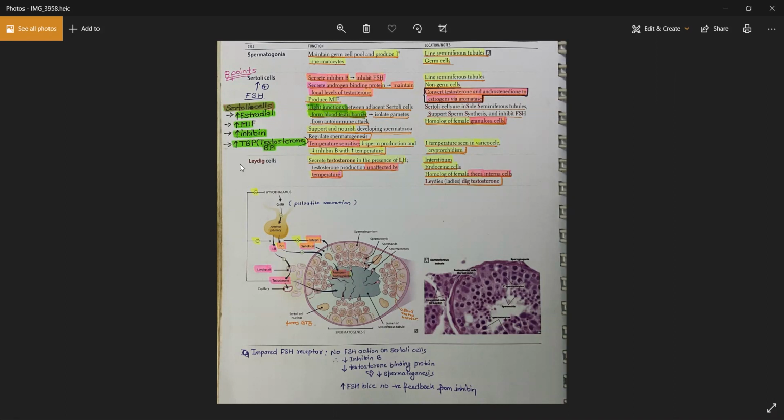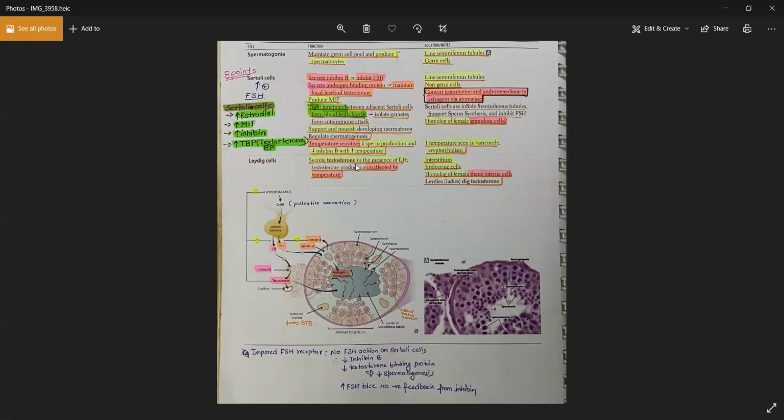Please note, these cells are not affected by temperature, which means even a patient having cryptorchidism will still release normal testosterone. So normal secondary sexual characters and normal development are there. It's just that they cannot produce sperm if the testis remains in the abdomen.